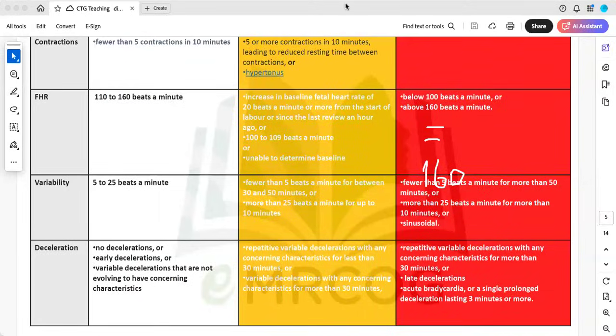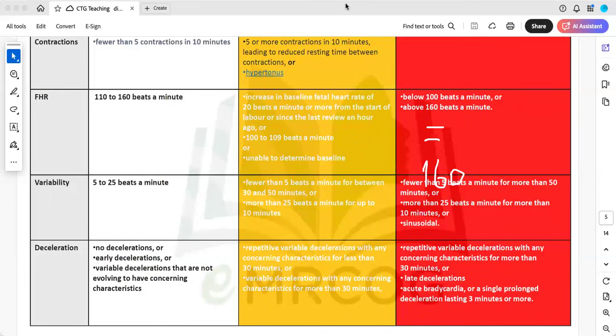Now, time to discuss the variability. Variability is the beat to beat variability, and it reflects the beat to beat fluctuations in the fetal heart rate due to the interplay between the sympathetic and parasympathetic nervous system. It's one of the most important indicators of fetal well-being.